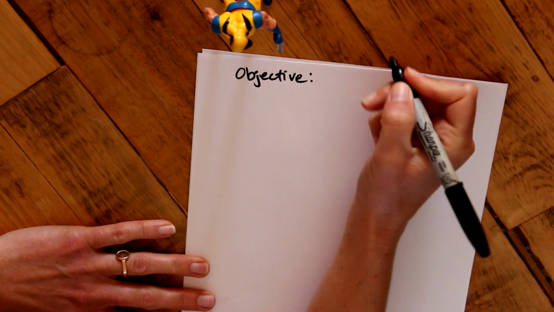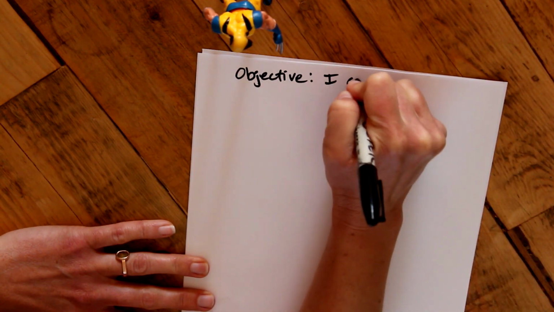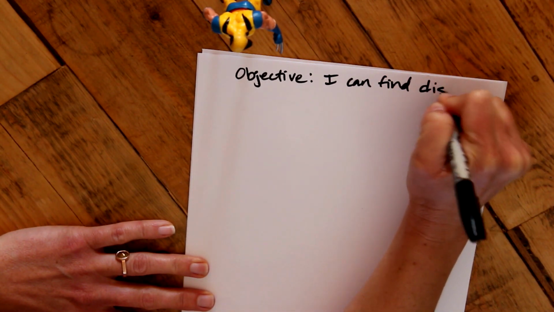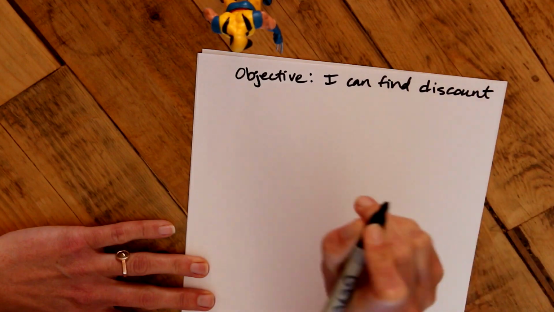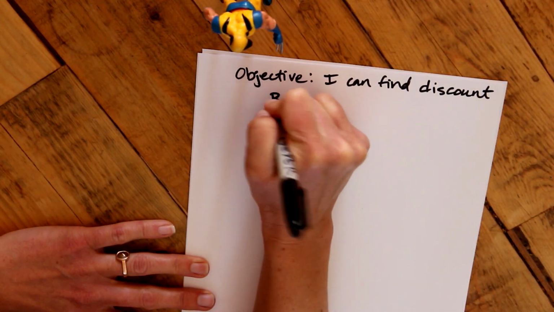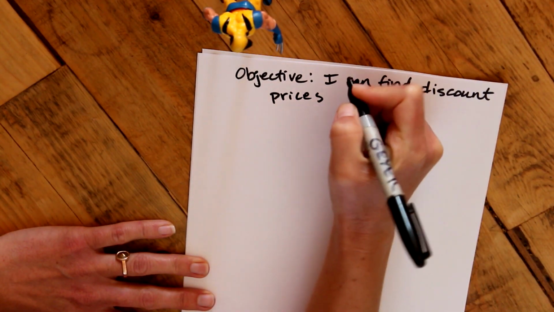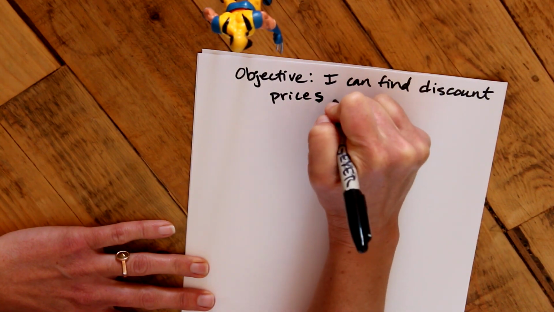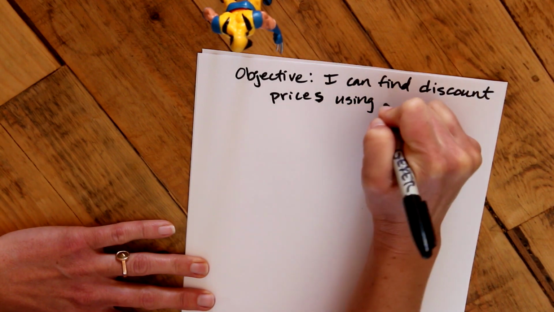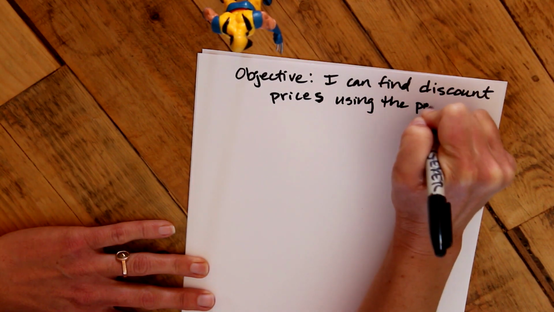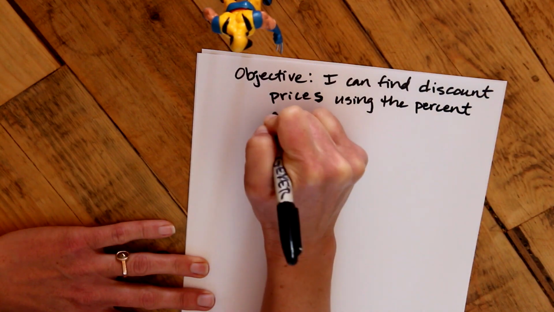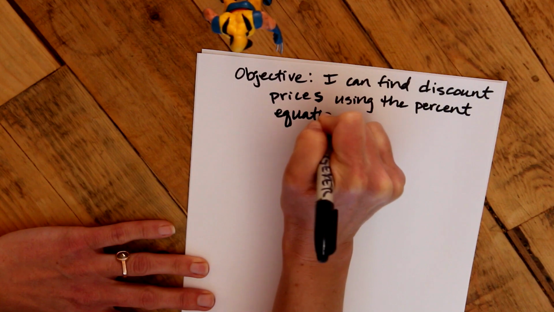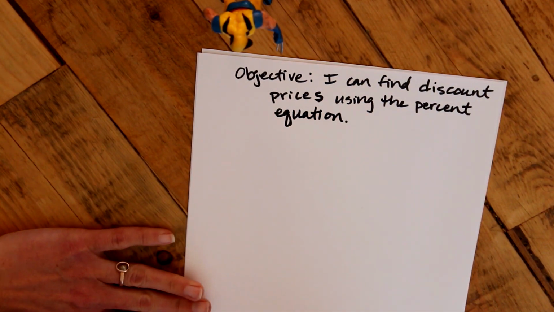Our objective is I can find discount prices using the percent equation. All right, so hopefully we are good to go with this.